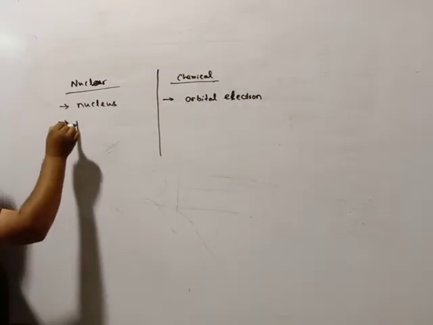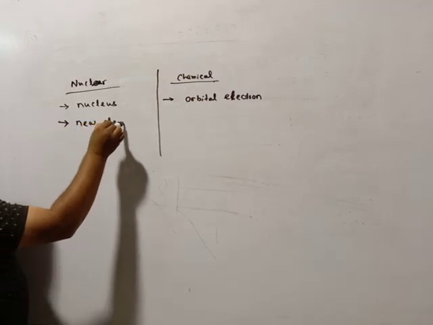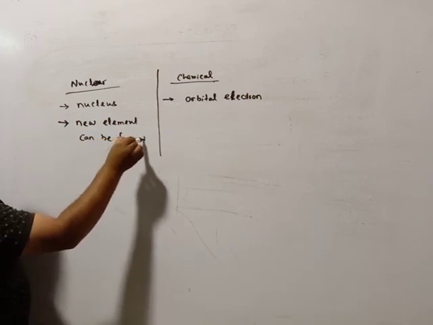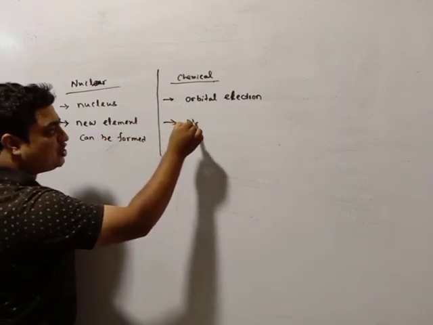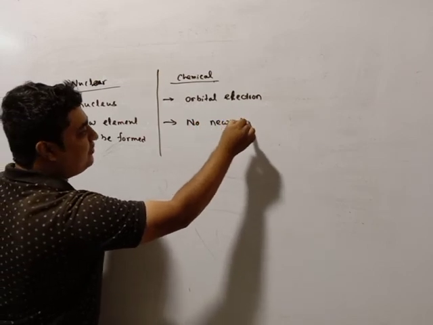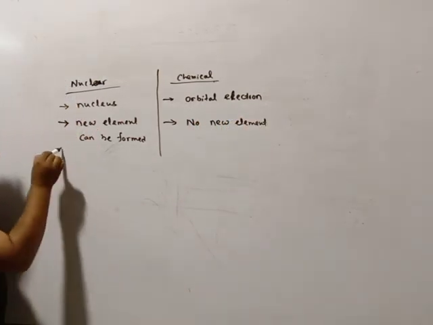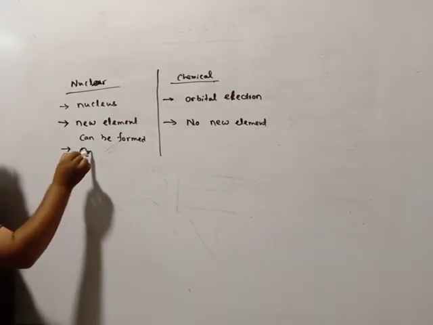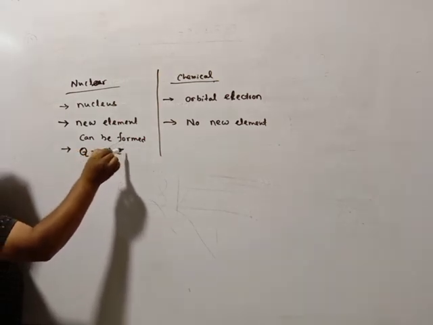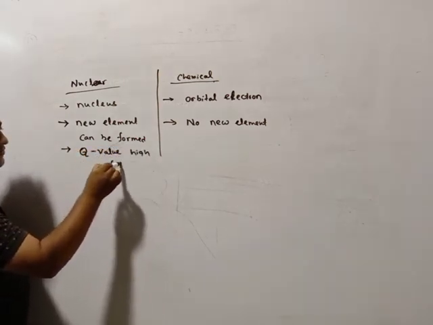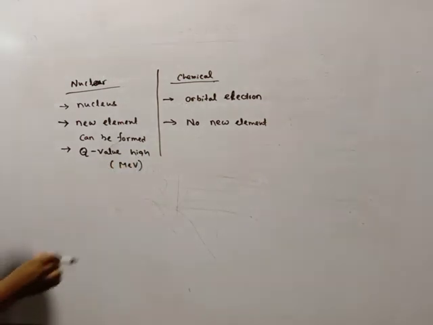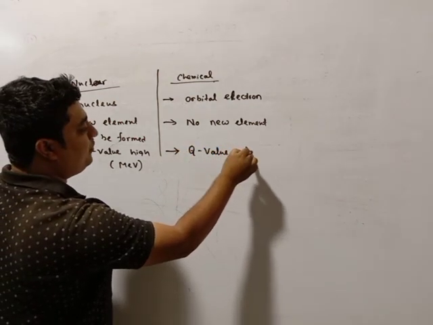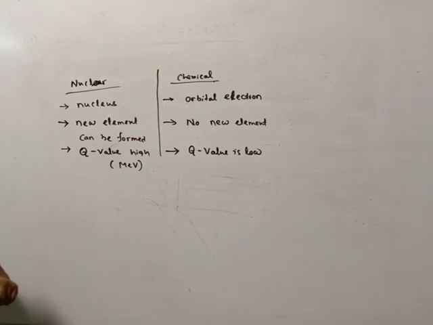In nuclear reaction, a new element may be formed. But in chemical reaction, no new element can be formed. Next, in nuclear reaction, the energy involvement or Q value is very high. It is in the form of mega electron volt. But in chemical reaction, Q value is low, in terms of a few kilo electron volt only.